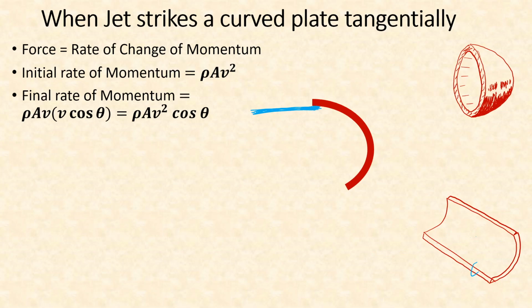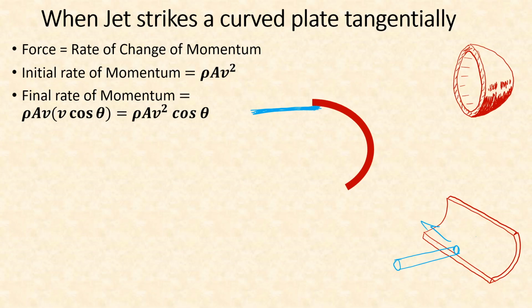But if we are considering a jet which is striking the plate on the edge only, that is tangentially, somewhere around here, then it will not get deflected in these directions.